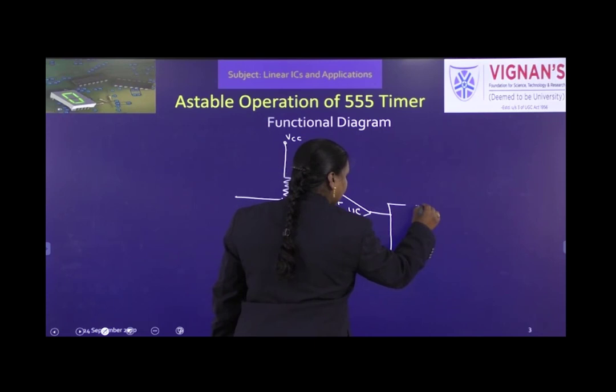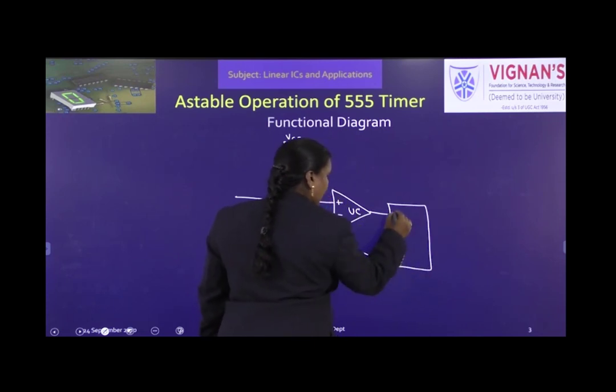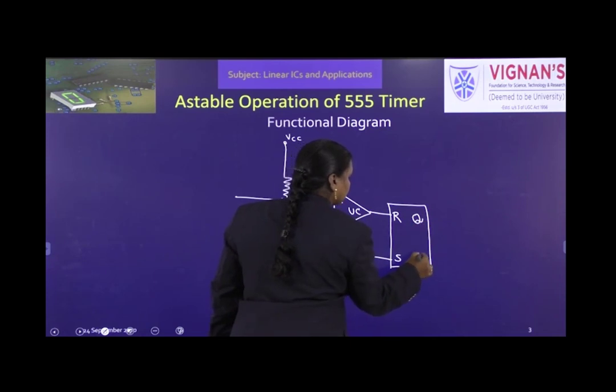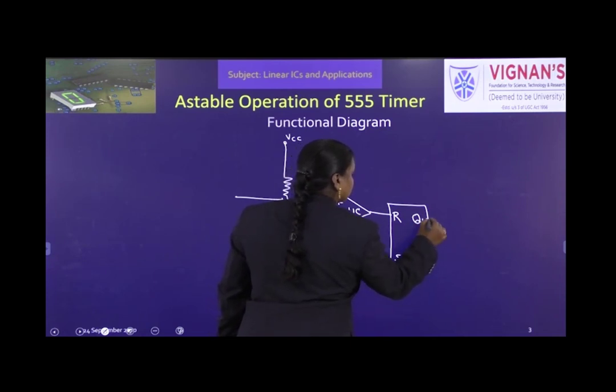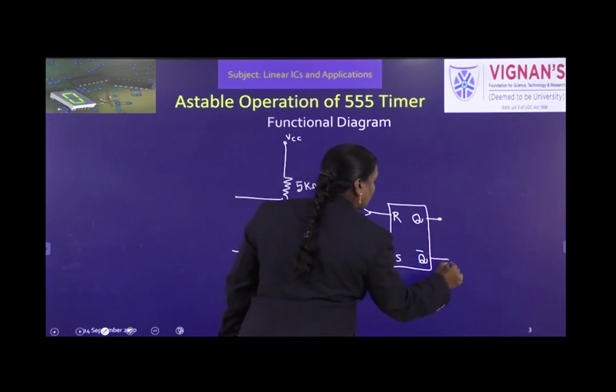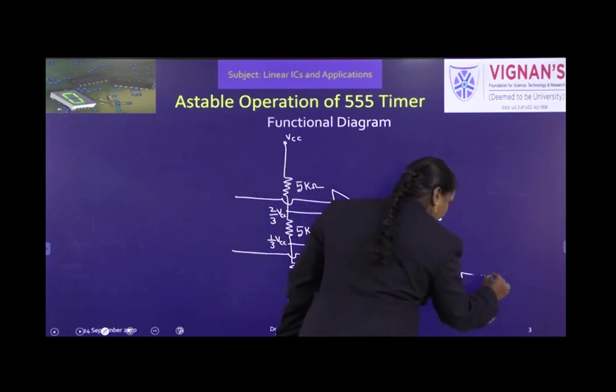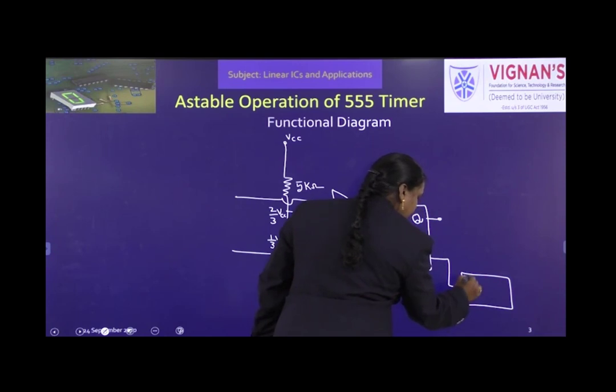This is the RS flip-flop. And the Q bar is given to the power amplifier, which acts as an inverter.